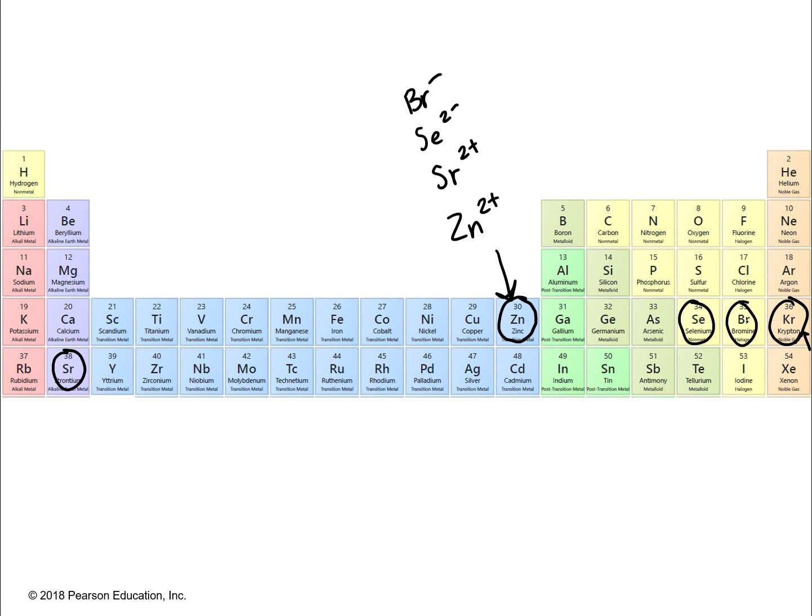Selenium and bromine, they're both going to gain electrons, right? We're not going to use argon for that one. That's why it's krypton. They have the same number as krypton. They're going to gain electrons to look like the noble gas in their period.